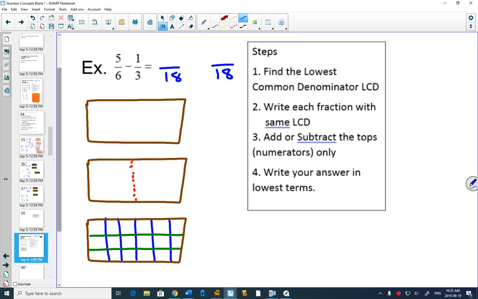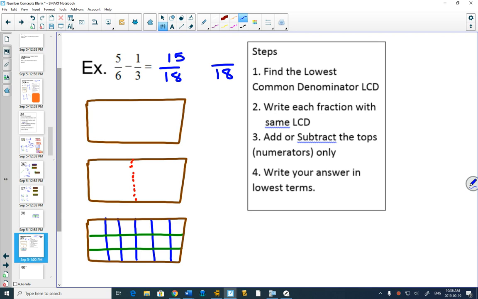This isn't wrong to do it this way. It's not the lowest common denominator. We already did the work, and sometimes mathematically you can see that lowest common denominator right away. But if we had 5 out of the 6 pieces in blue, 1, 2, 3, 4, 5, 6, 7, 8, 9, 10, 11, 12, 13, 14, 15 out of the 18 pieces once they're put together.